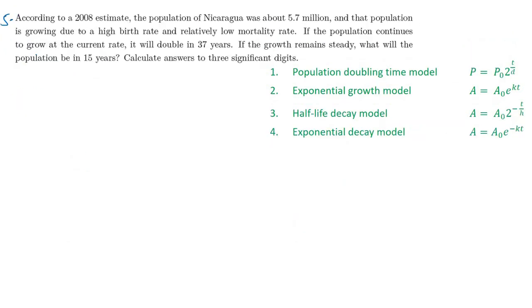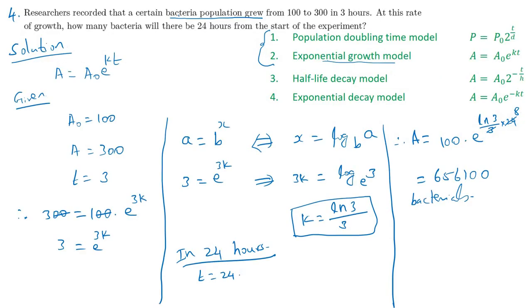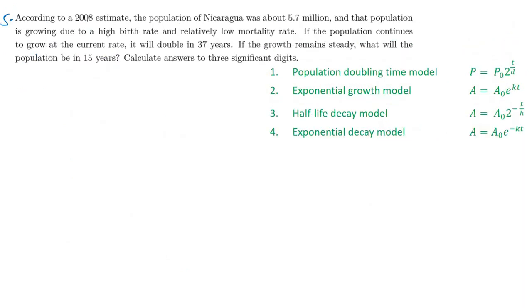Problem 5. The problem looks big, okay, but one time you read, you will understand. In exam also, the same type only we will give. Read, it's like a story. All the problems you can read, everything are stories. According to a 2008 estimate, the population of Nicaragua, it's a country, was about 5.7 million. Population on this date is given.